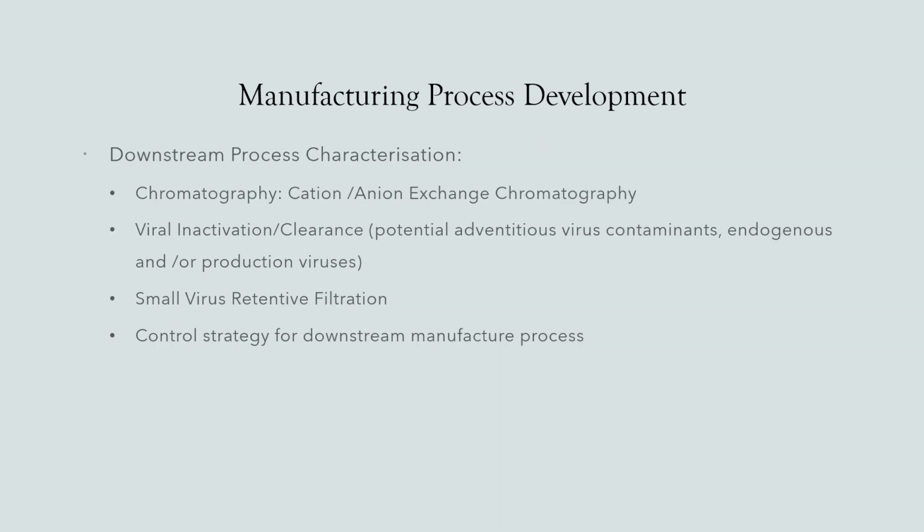For your downstream manufacturing process, you will use other kinds of chromatography, not just the cation and anion exchange chromatography for purification, but you will use other resin derived chromatography for purifying your product.